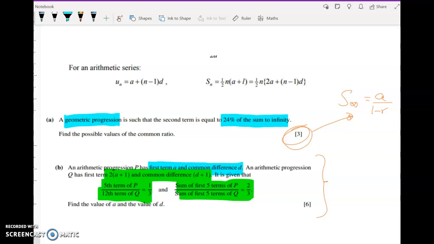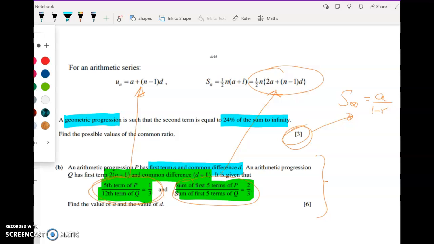All we're really doing is we're going to be applying in this half, we're going to be working with the sum to n terms formula, which is this one here. And in this half of the question, we're going to be working with this. And you should be able to see that we've got two missing bits of information, which are A and D. So we're going to do a little bit of boring simultaneous equations work. So you just have to be careful not to muck the Year 10 algebra up along the way.